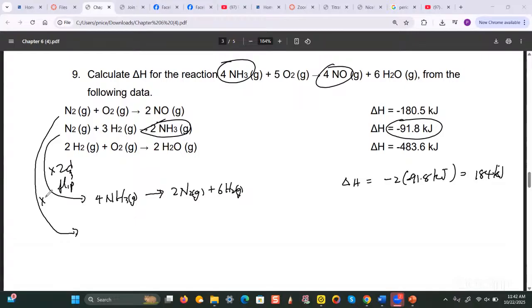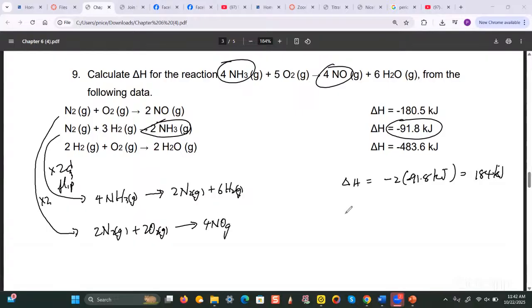Since the NO is a reactant on the right side both times, you don't need to flip it. Exactly. So what happens when you multiply this equation by 2? What would be the resulting equation? 2N2 gas plus 2O2 gas, and 4NO gas on the right side.